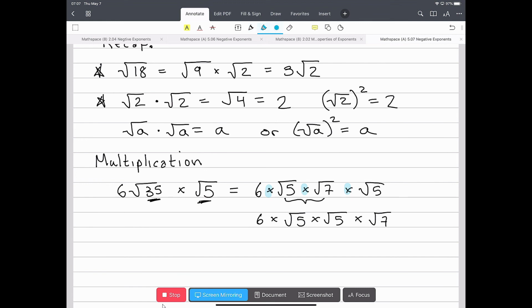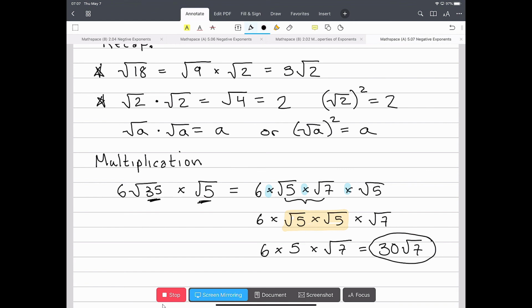And the reason I've done that is because now I can take advantage of one of the facts that we went over in the recap. The square root of 5 multiplied by the square root of 5 is 5. So that leaves me with 6 times 5 times the square root of 7, which equals 30 square roots of 7. And in my final answer, I don't use any operation symbols. That wouldn't be simplified if I did. So that's how we're going to go about doing multiplication problems.